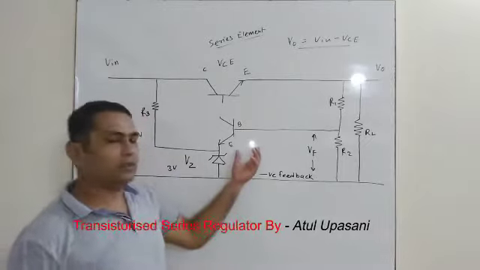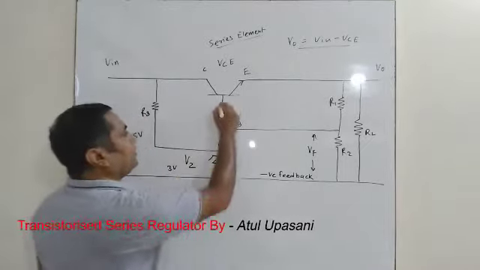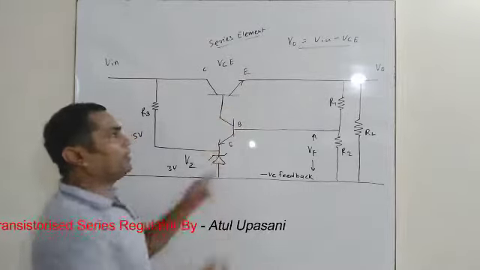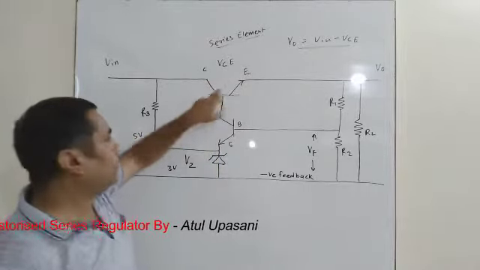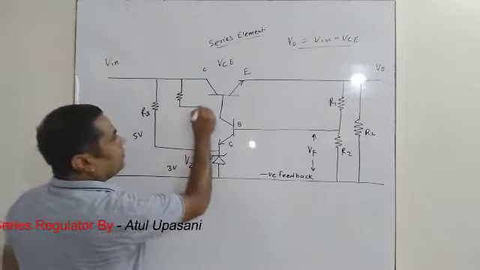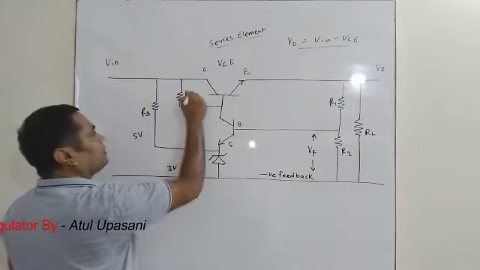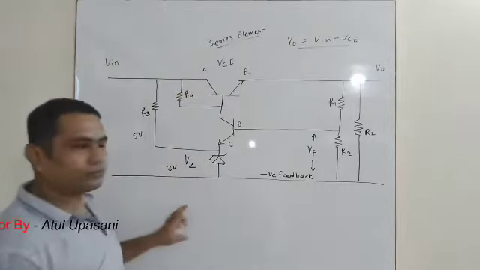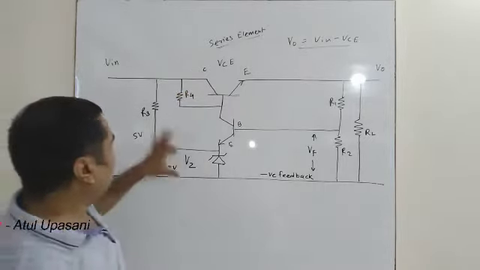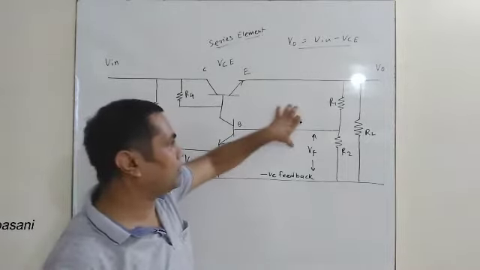The output of the common emitter amplifier is directly applied to the base of the series element. Here, if current fluctuations are there, they will flow through this resistor, and let us call this resistor R4. So this is the construction of the series pass element as a voltage regulator.